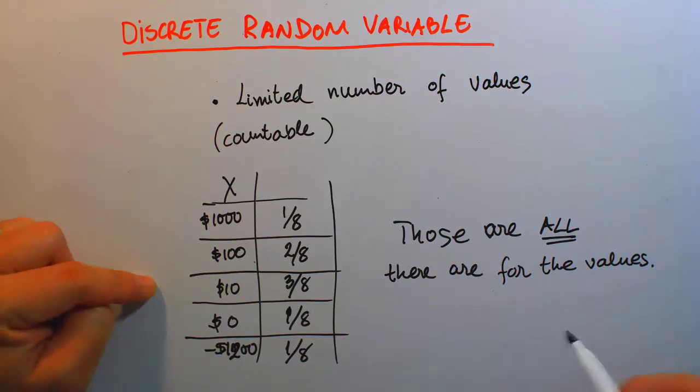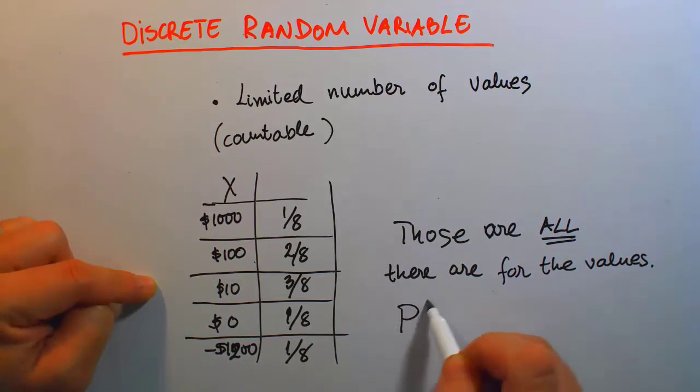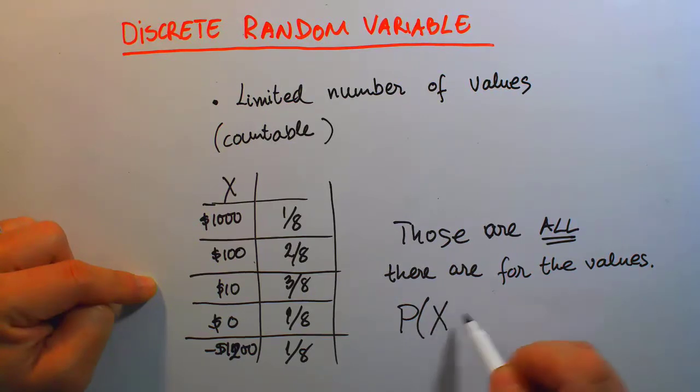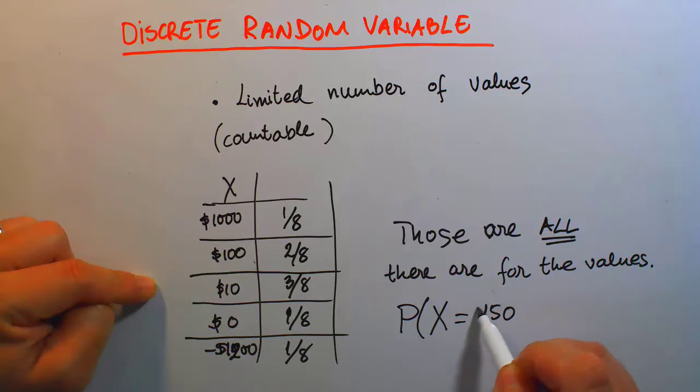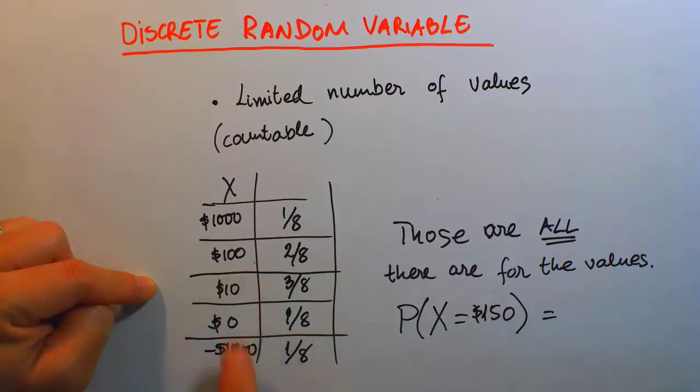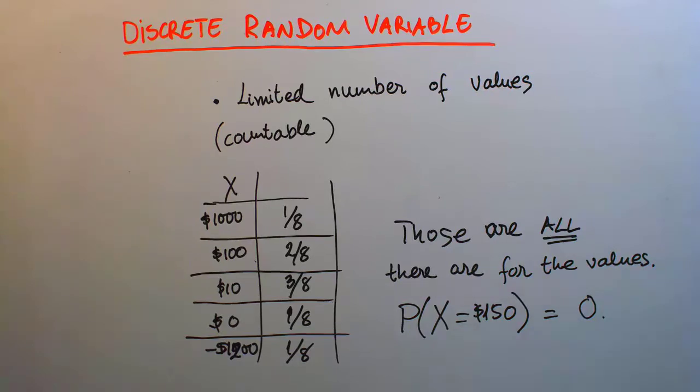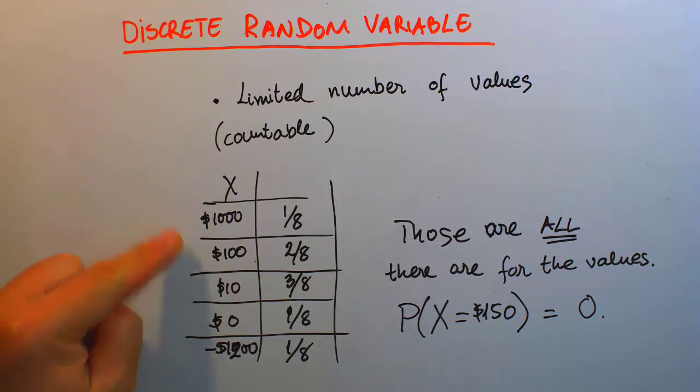In other words, if you're looking for the probability of winning $150, it's not listed in our probability distribution, so the chance is automatically 0. And that's what is meant by having a limited number of values.